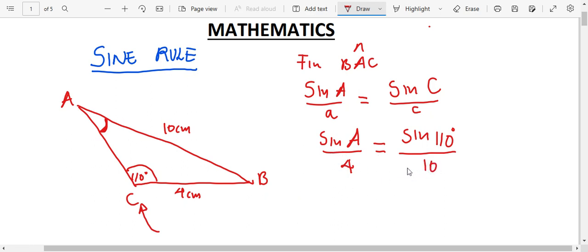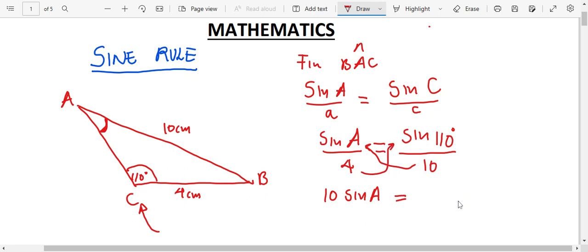Okay, so to find A, we are going to cross multiply here. So this one times this one, that is going to give us, remember I said 10 should always come in front, that will be 10 sine A, and that is going to be equal to 4 times this.